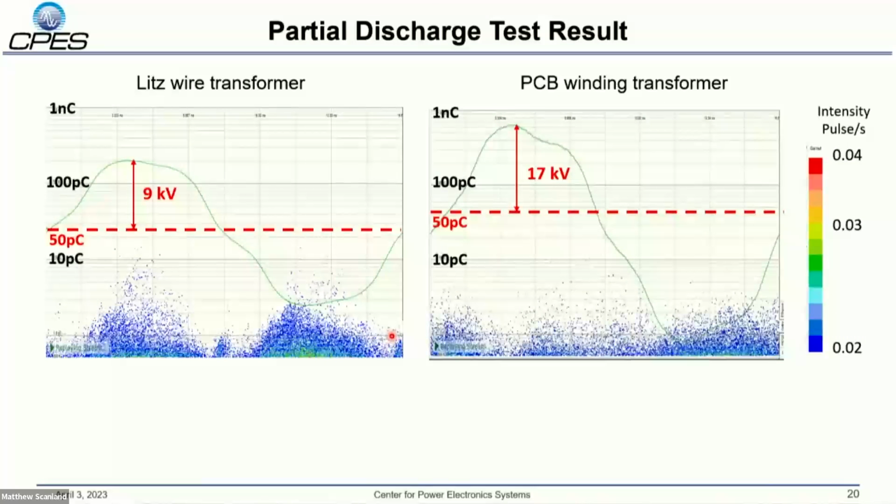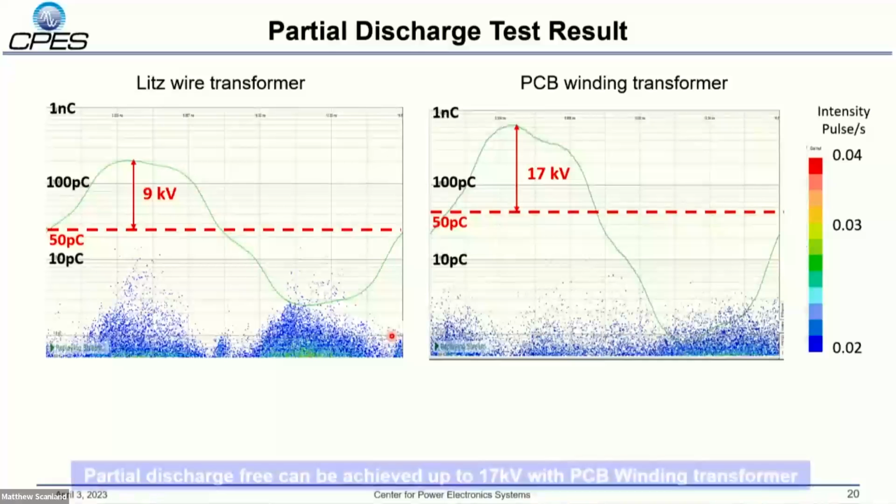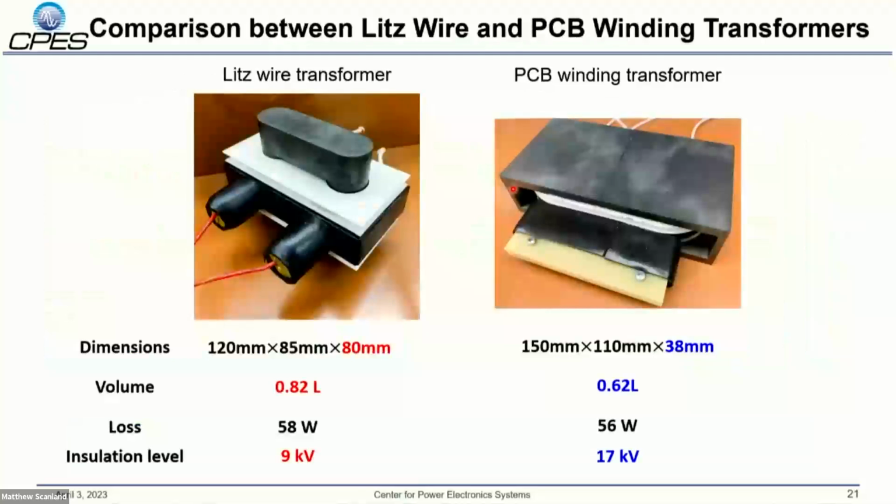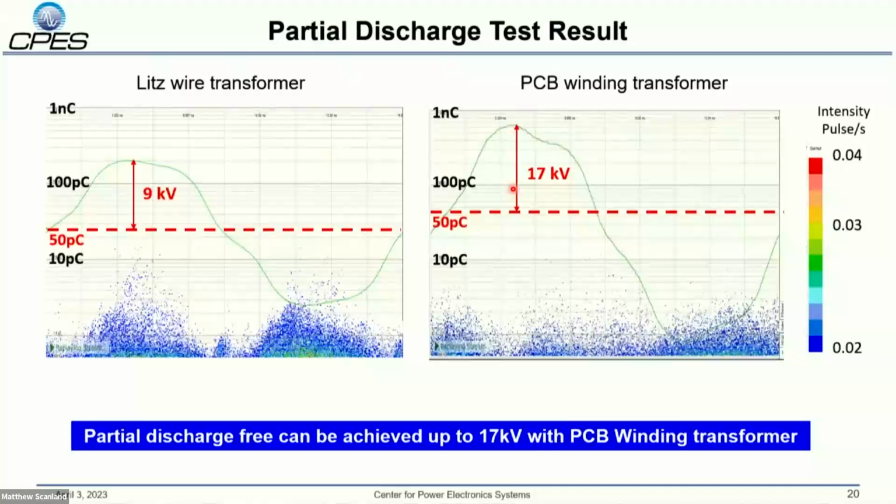And as we can see here for this insulation test result, compared with the Litz-based transformer, the PCB-based transformer will have almost 2 times higher partial discharge inception voltage. And the partial discharge free will also have better performance in this insulation test result.